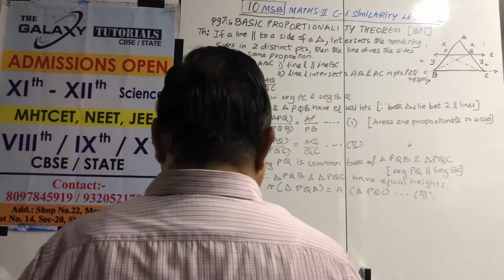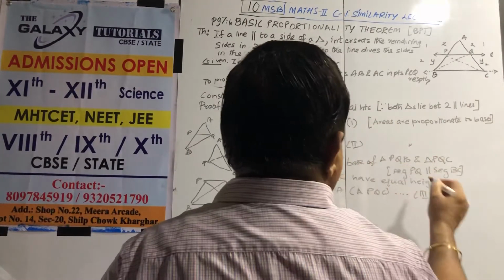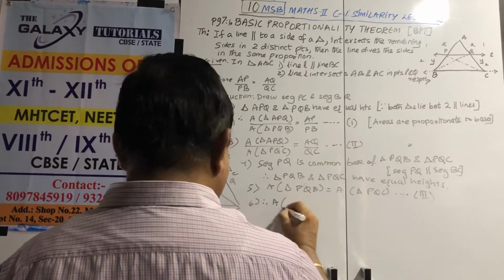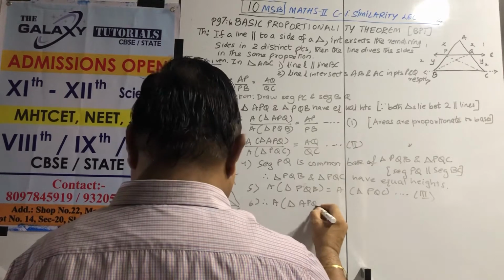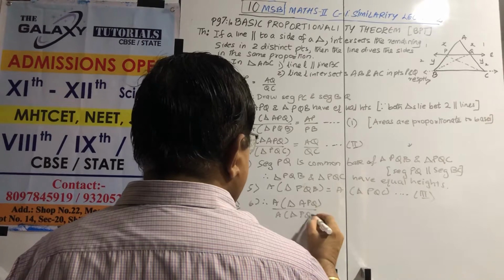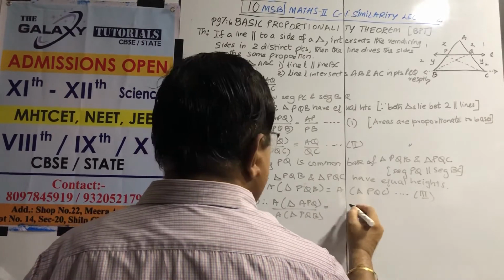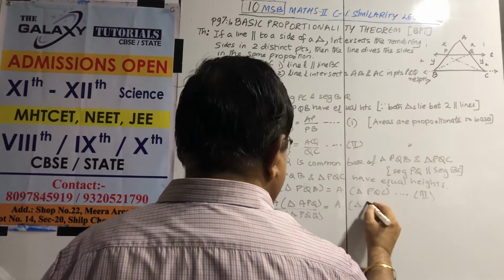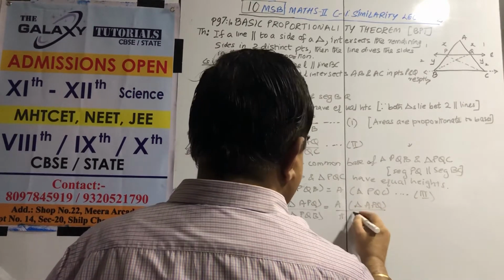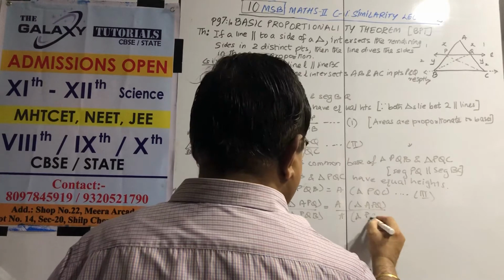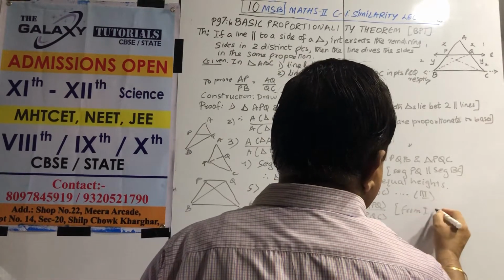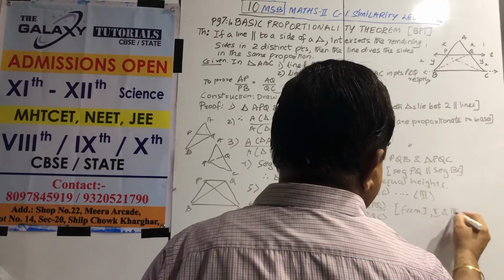Then we have 1, we have 2, we have 3. Therefore, area of triangle APQ upon area of triangle PQB is equal to area of triangle APQ upon area of triangle PQC, from 1, 2 and 3.